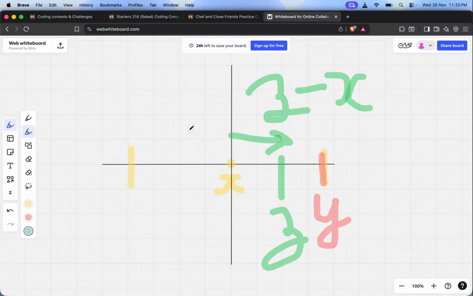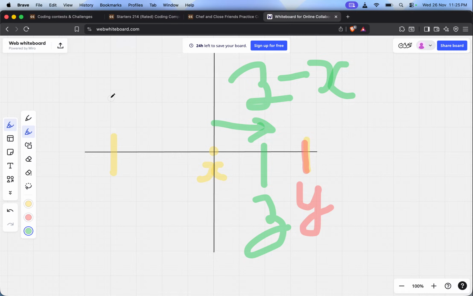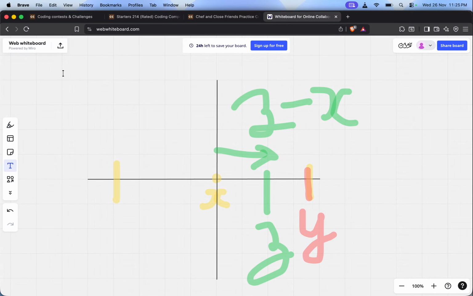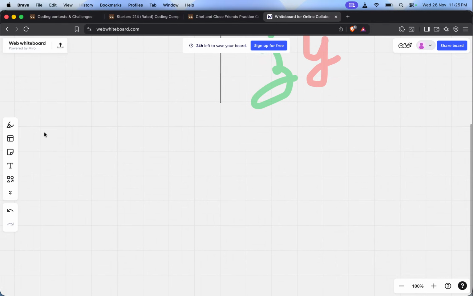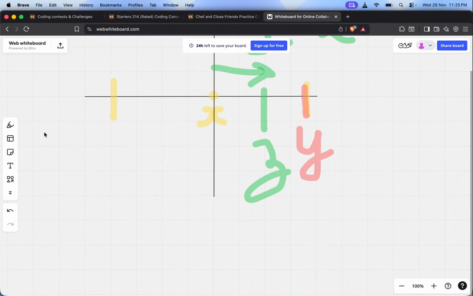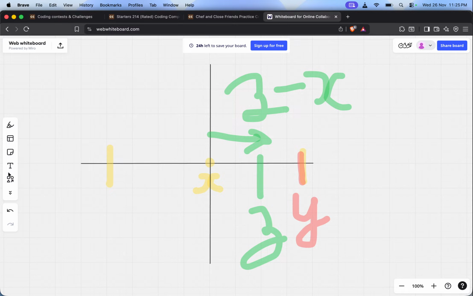Now in the second part, in this case, we note that y was greater than z. So the restriction restricted Chef to visit up till z only.